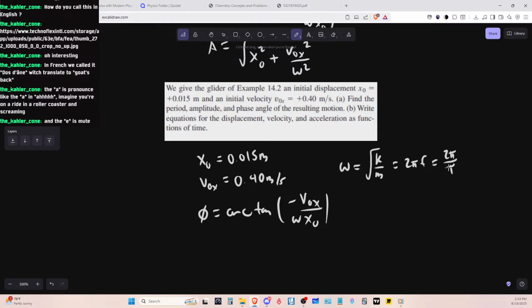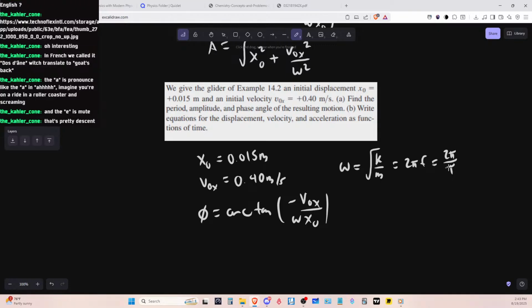Dudan. Interesting. And the E is mu. Oh, okay. Oh yeah, because you guys don't pronounce the last E sometimes, right? Depending upon the word. That's pretty decent. I try. The thing of it is that I don't know if my French would sound good. Wait, I just remembered random French. Like, je m'appelle means my name, right?